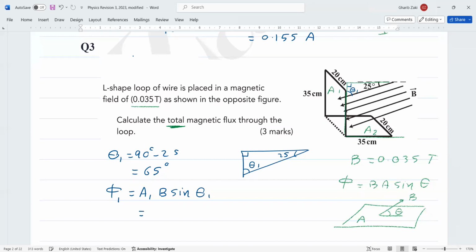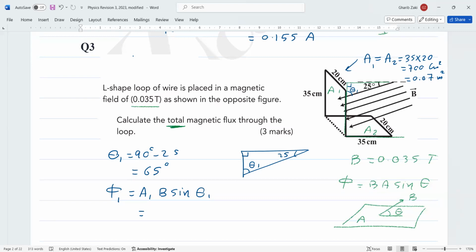Okay? A1, what is the area here? Area 1 equals the same as area 2. It is a rectangle each one, the length 35 and the width 20. So it is 35 multiplied by 20, which equals 700 centimeter squared. Convert to meter squared: divide by 10 to the power 4, it becomes 0.07 meter squared.